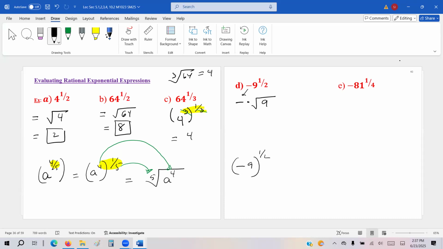So we get -9 times, this times looks weird, let me just write this. -9 times square root of 9. So negative square root of 9. So what's the answer? We still have to bring our negative down because of the multiplication, and 3.